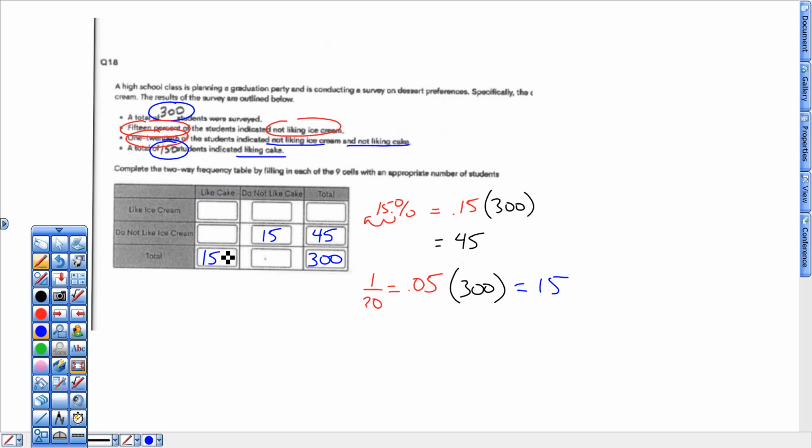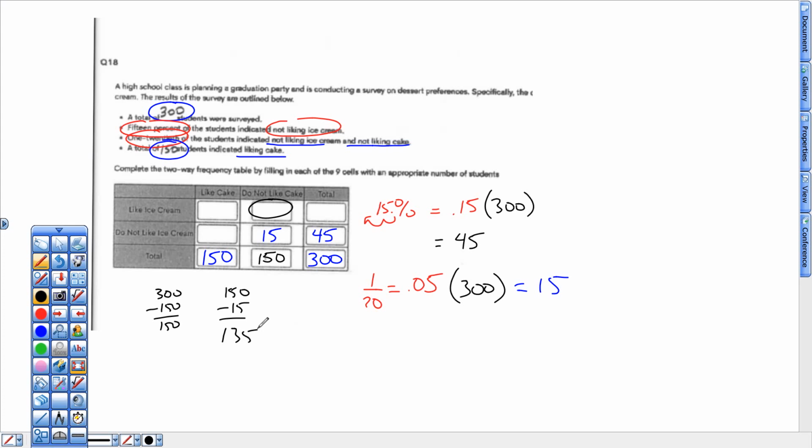And now I have enough to fill in my table, because remember, they add going this way, they add going down, they add going straight across. So if you have three of the numbers, you could just do simple algebra. 300 minus 150 gives me what that number would have to be right there, 150, because 150 plus 150 gives me 300. If I go up and I look at some number plus 15 to get 150, again, simple algebra, 150 minus that 15 gives me 135.